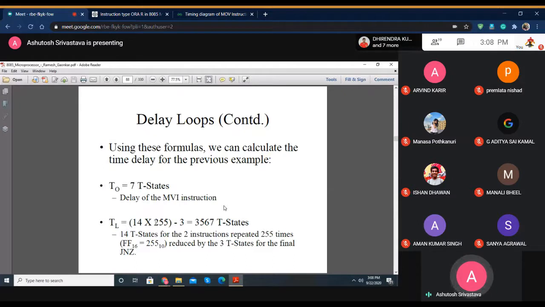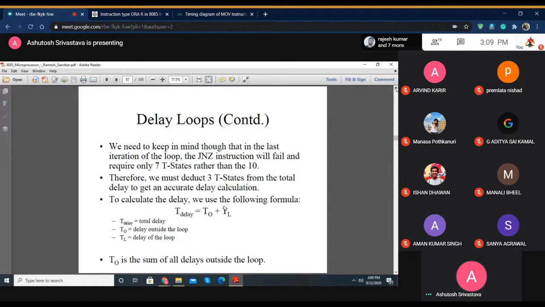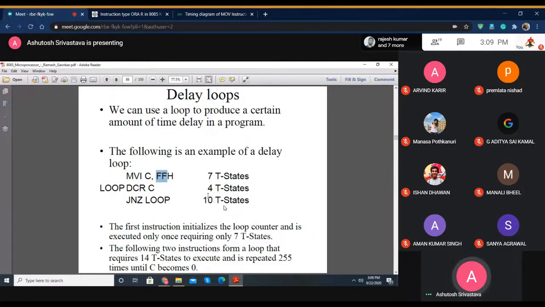So 14 T states, 255 times minus the last one, which is either you can say 7. So 14 into 254 plus 7. Okay, so why is it 14? 10 plus 4.